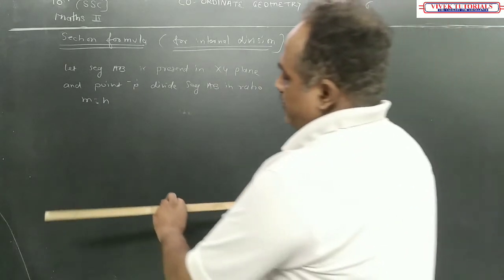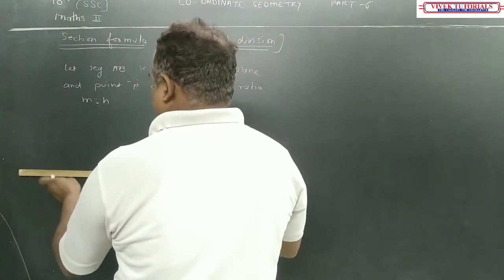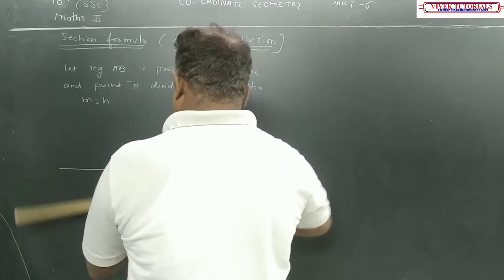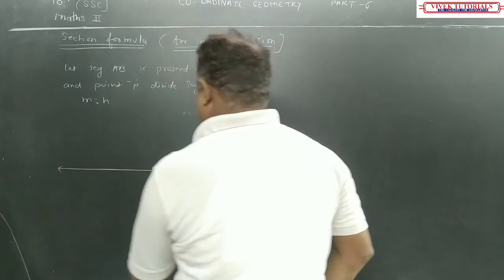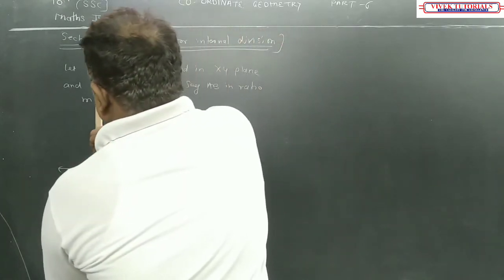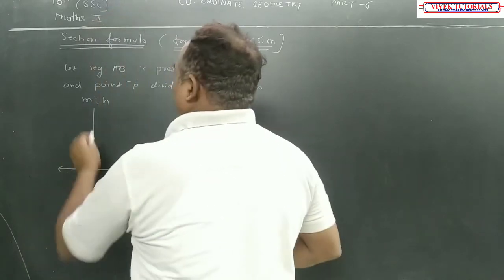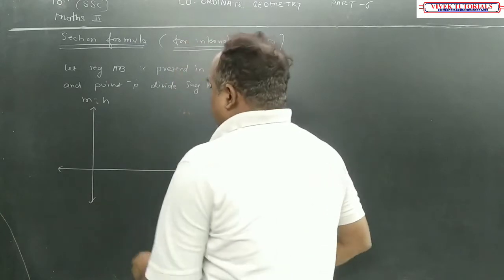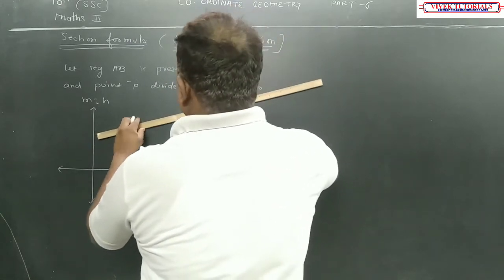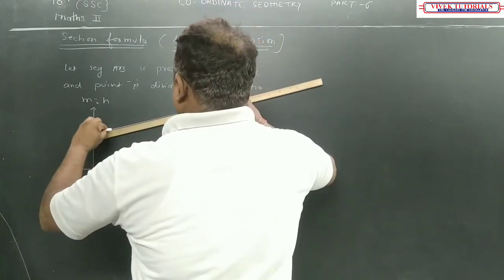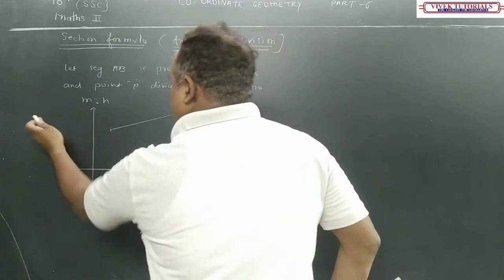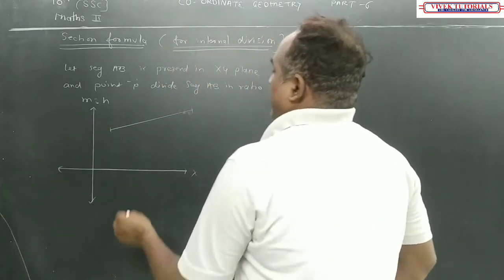Okay. So now we can draw the XY plane. This one is the x-axis. This one is the y-axis. And this is segment AB. AB we can take anywhere, no problem.